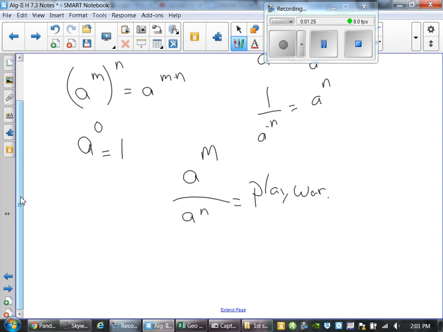Is it bigger in the top or is it bigger in the bottom? Whichever one of those wins is where it would stay. I thought that was much easier to write it out that way as opposed to when they define it as a to the m minus n, then you might get a negative, then you have to move it around again. So why do all that work when you can just play war? Because fighting solves everything. Okay.